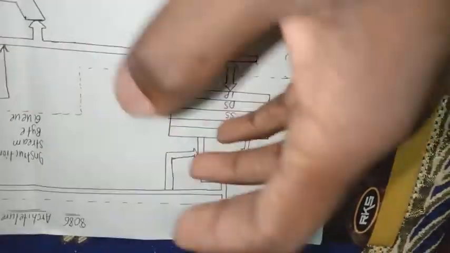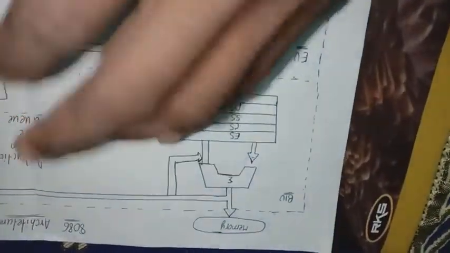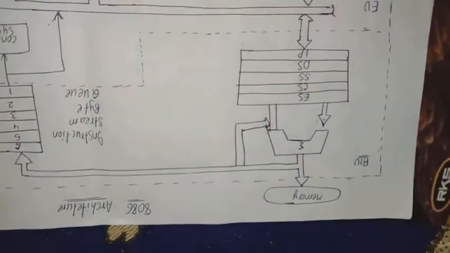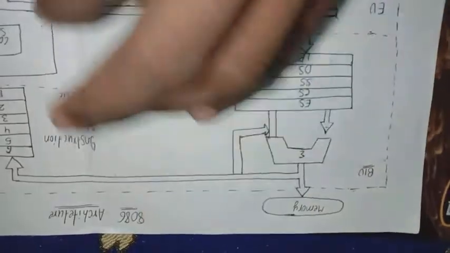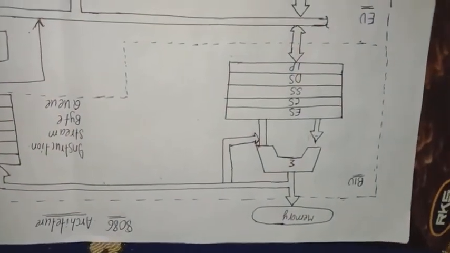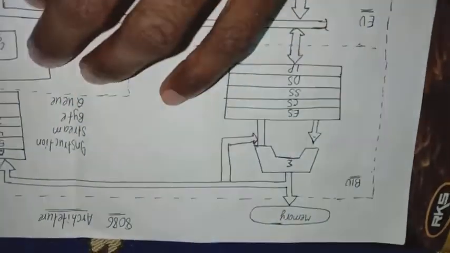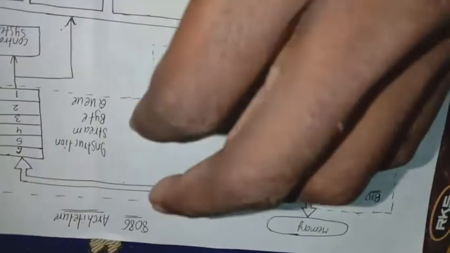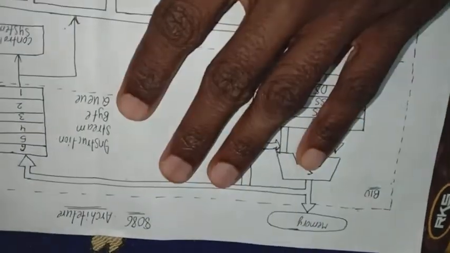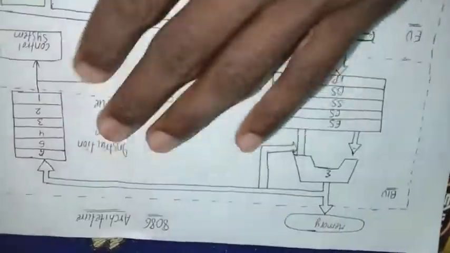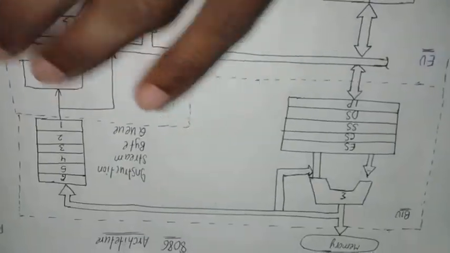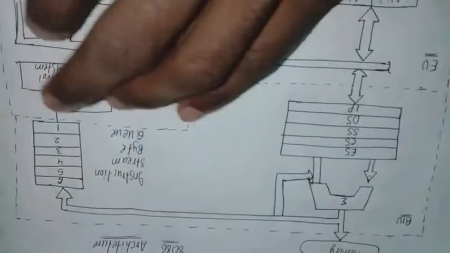Whereas if we see the previous version, the 8085 of Intel processor, it contains no pipelining. It does fetching, decoding and execution one at a time. It is like fetching the data, then decoding the data, next executing the data, and again fetching, decoding, executing. It is a cycle process.